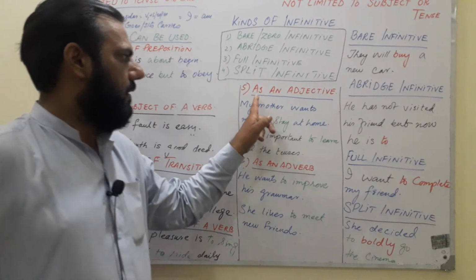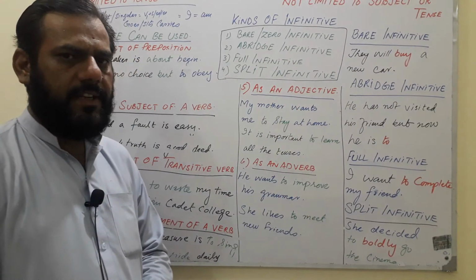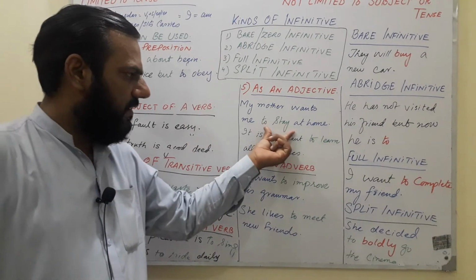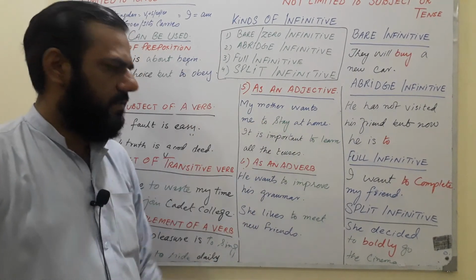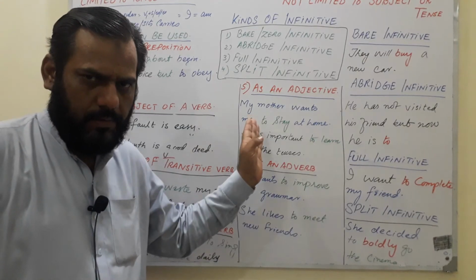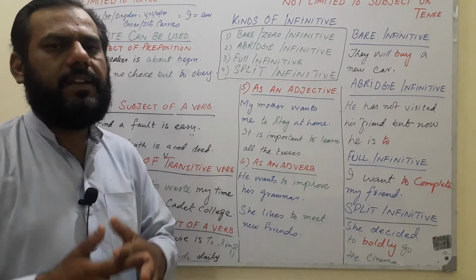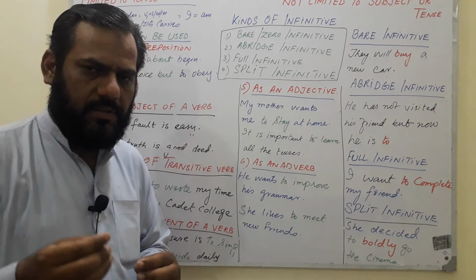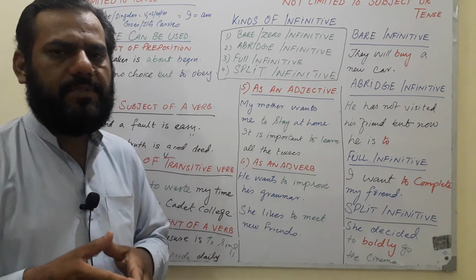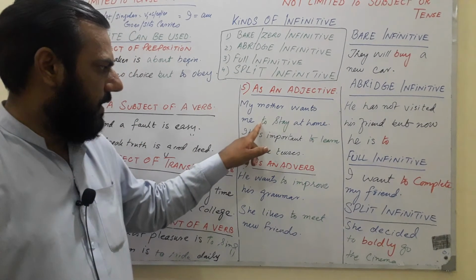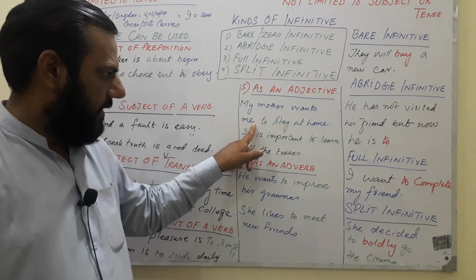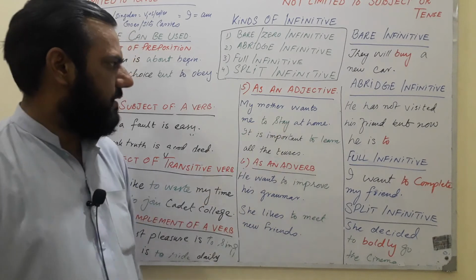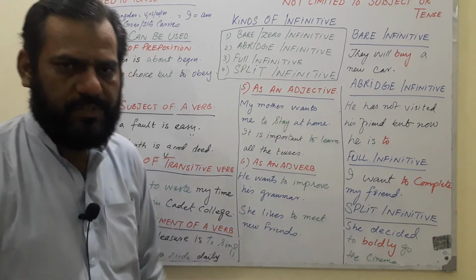The fifth one is as an adjective. It can be used as an adjective as well. My mother wants me to stay at home. "To stay" is an infinitive, and before that we have a pronoun. You know that an adjective describes a noun or pronoun. Here, the pronoun has been described with the help of an infinitive.